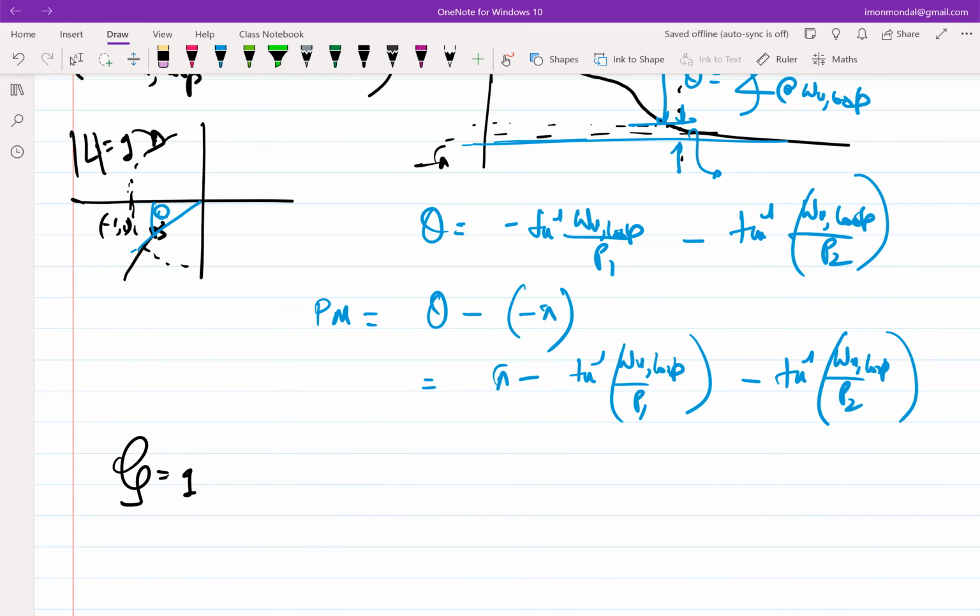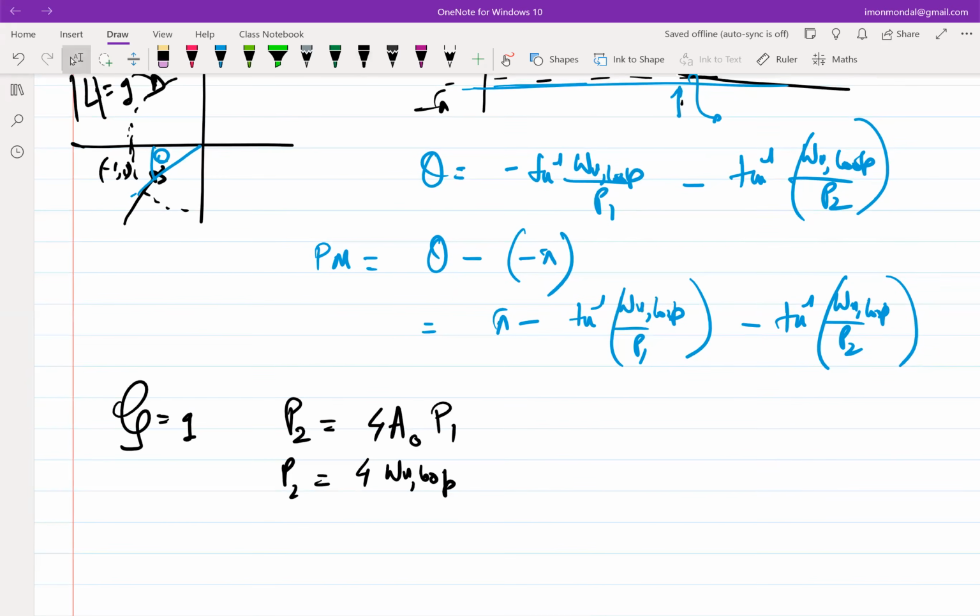So firstly, we had to ensure that P1 and P2 are far apart, right? We have to ensure that P2 is 4 times A0 times P1. And also we have to ensure P2 is equal to 4 times omega u loop. Both of these two are corollaries of each other. You want to ensure one, the other gets ensured, but still it's better to write.